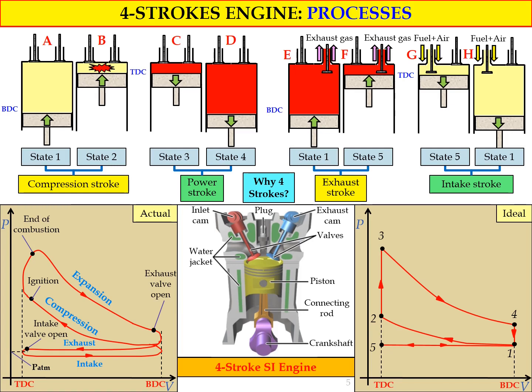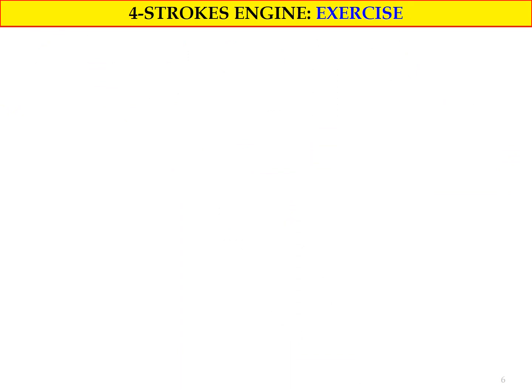Okay, so I hope you can understand the process and the mechanism involved in the 4-stroke engine, and you can differentiate between the 2-stroke engine and the 4-stroke engine. Okay, now an exercise for the 4-stroke engine.